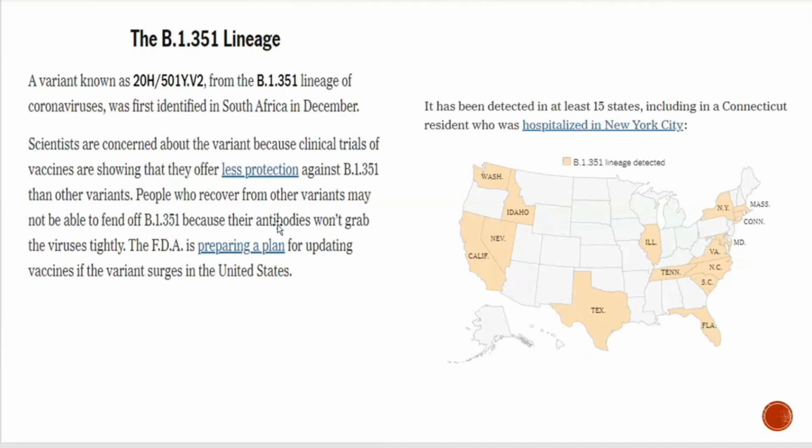And not just that, but people that have been infected with the wild type Wuhan or some of the other earlier variants are not protected by this, right? So they may not be able to fend off infection with this new variant. It's been detected in at least 15 states, and you can see that distribution here. So Florida, we have all of them in Florida.